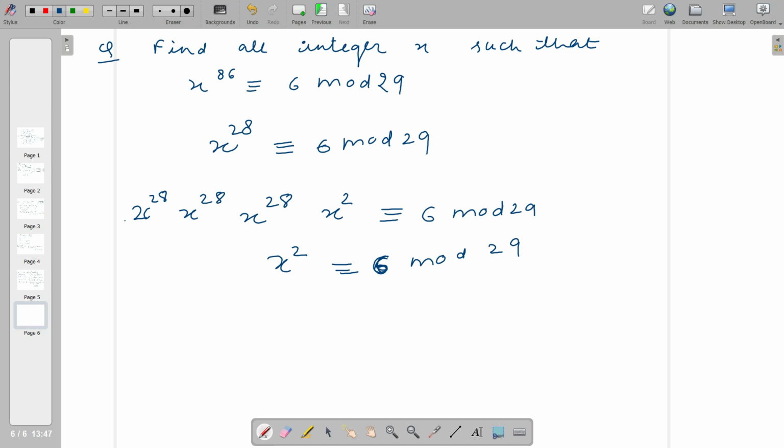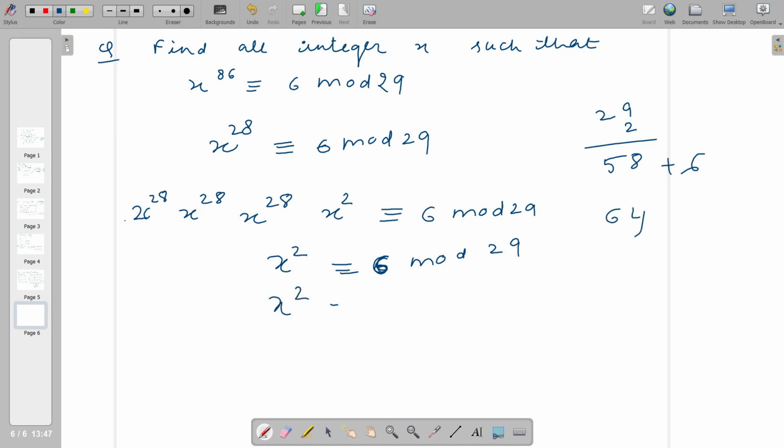So when we say x square is congruent to 6 mod 29, it means the remainder should be 6. So when we multiply 29 with 2, it comes out to be 58, and 58 plus 6 will be 64.